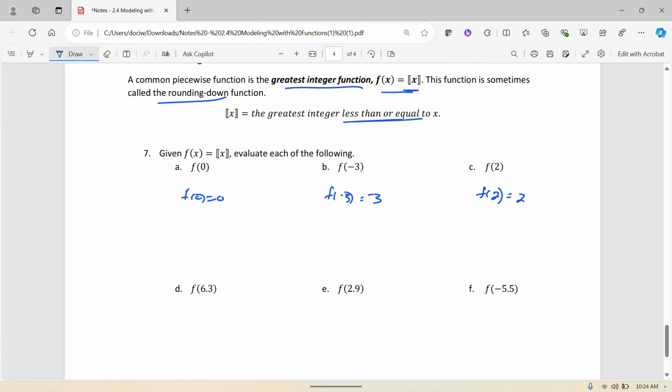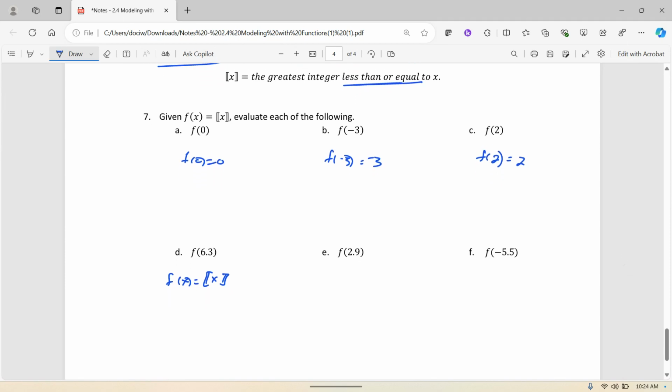But look at f of 6.3. If I have f of x equals the greatest integer less than or equal to x, f of 6.3 is the greatest integer less than or equal to 6.3. If you think about a number line, let's just say here's 6 and here's 7.